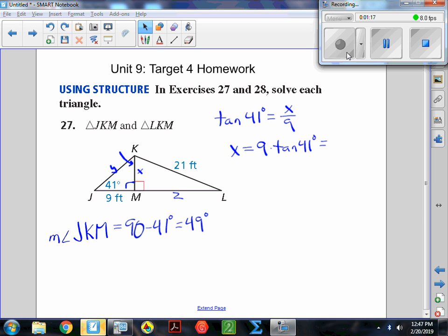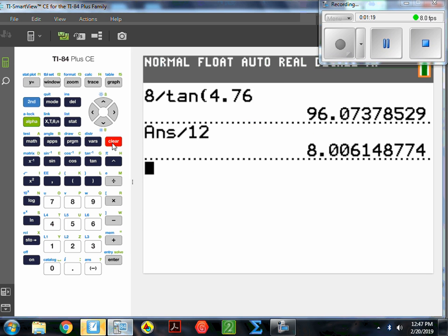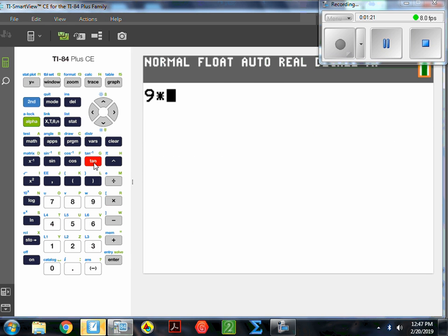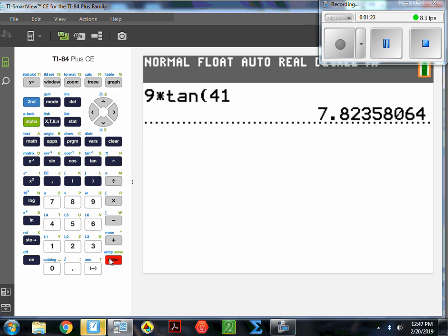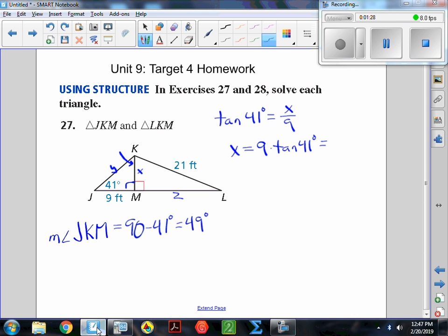We'll round to the nearest tenth. 9 times tangent 41 is 7.8. So that's X, which is segment KM.